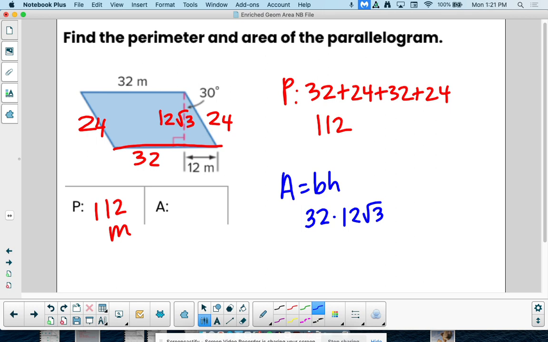Nice. 32 times 12 times the square root of 3. Yep.